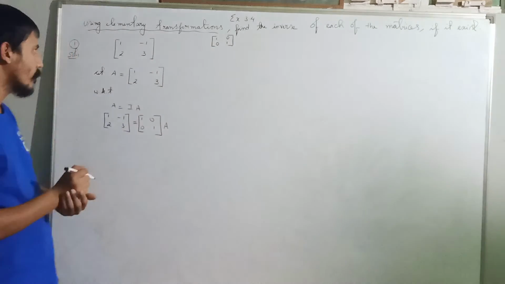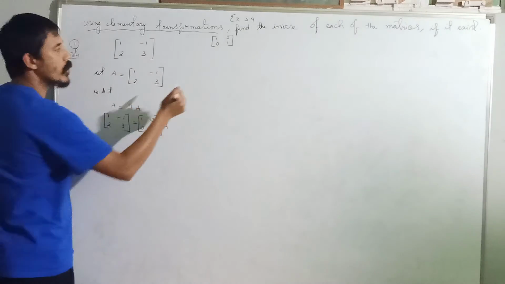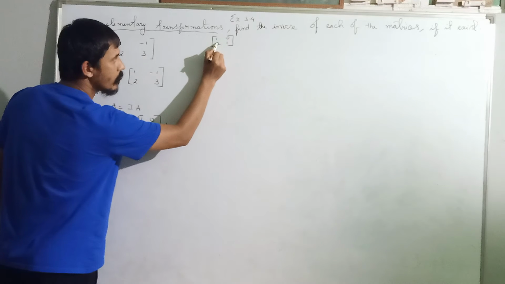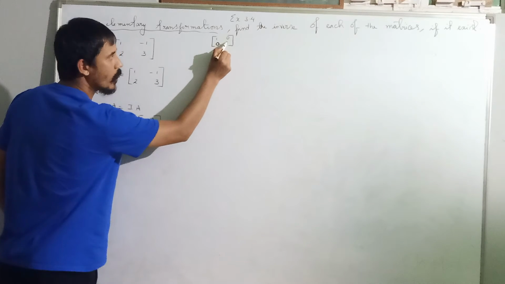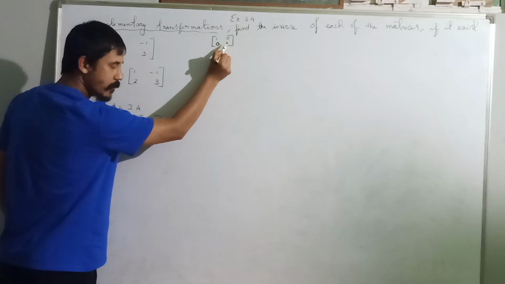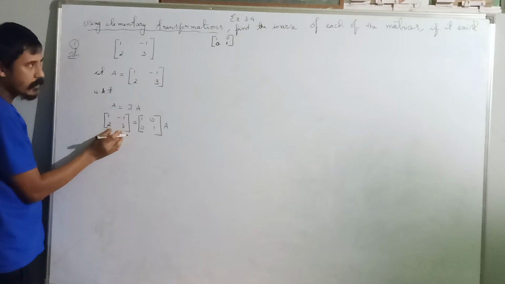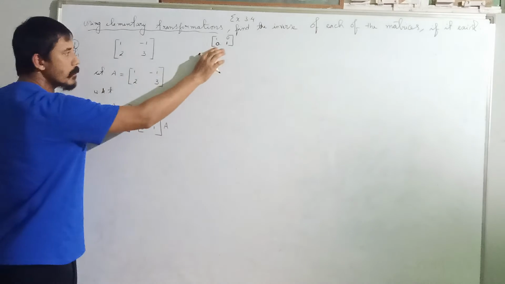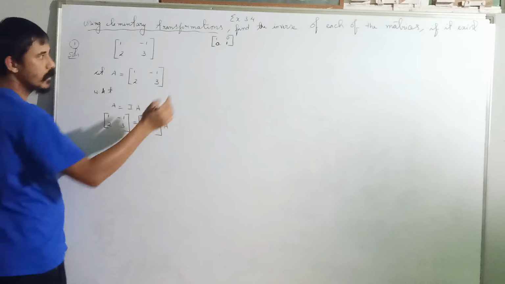We always start from the last row. Here, we have 0 and 1 as entries in the last row, right? So the last row has to be converted to 0 and 1. But both of them cannot be done at the same time.